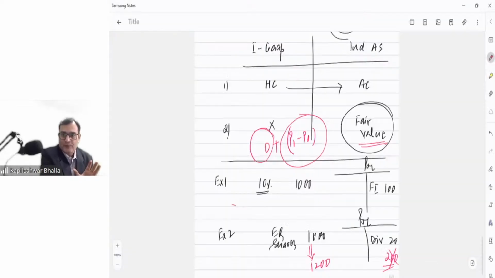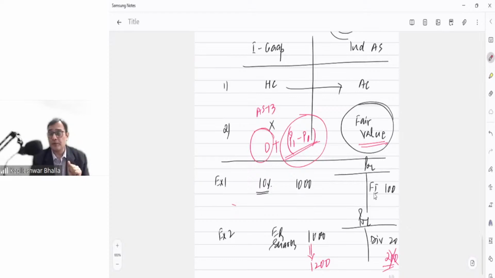Now, as we've understood why a fair value approach was introduced, there was a need to capture the change in the value of the investment, which was never allowed in terms of IGAAP. Because if you remember, in Accounting Standard 13, we always used to say that investments are taken at cost unless there is a permanent reduction. We never used to capture the gain.